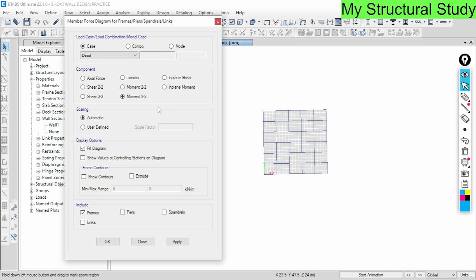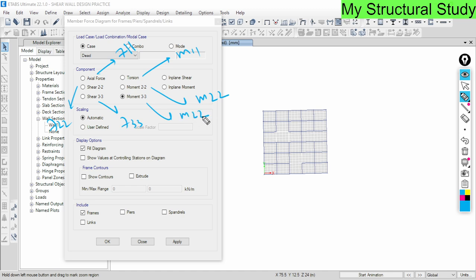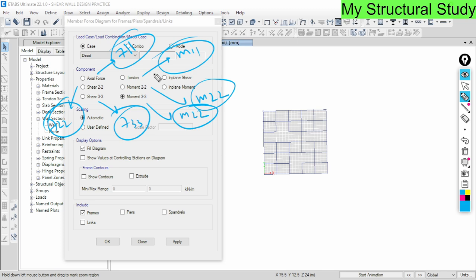So for line element, this axial force is F11, the shear force is F22, the shear 33 is F33, this torsion is M11, this is M22, this is M33. These are the in plane forces and out of plane moments for the line elements. We can check from here.